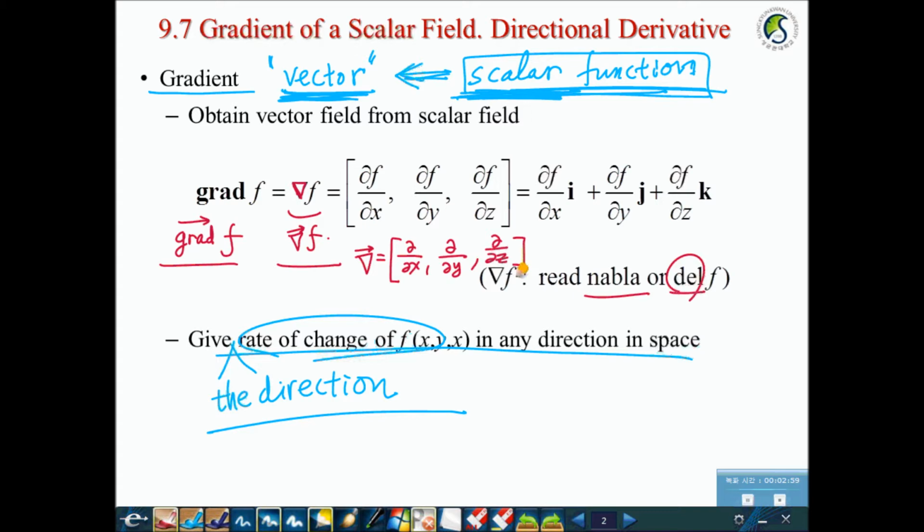So each component is partially differentiated with its own coordinates. So del f is df over dx, df over dy, df over dz. So it partially differentiates with its own coordinates. That's what this gradient is. Okay? You can write it that way.